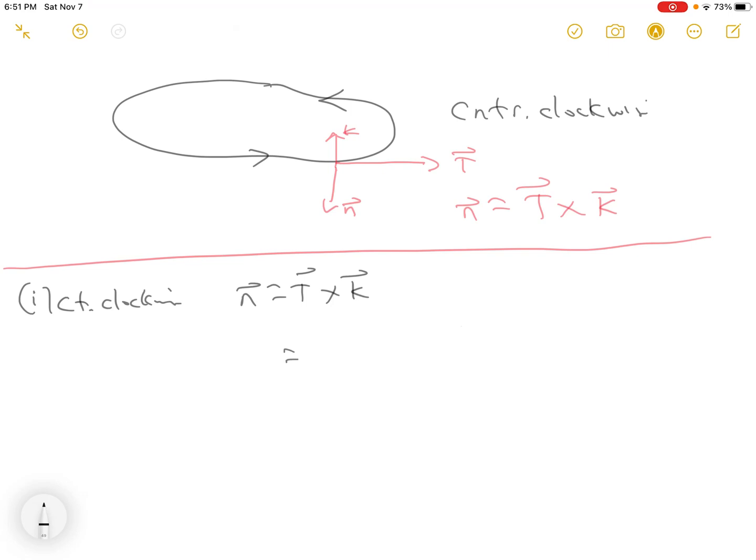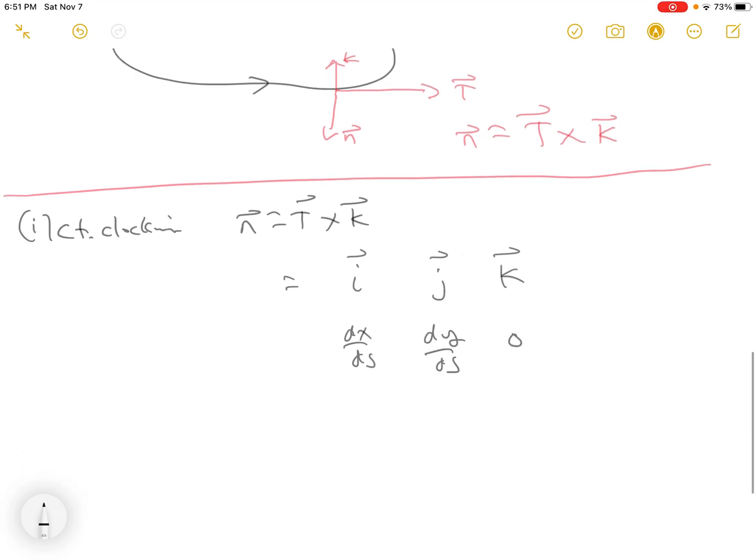Okay, so this becomes the matrix i, j, k. And t is dx ds, dy ds, 0. And this is 0, 0, 1.